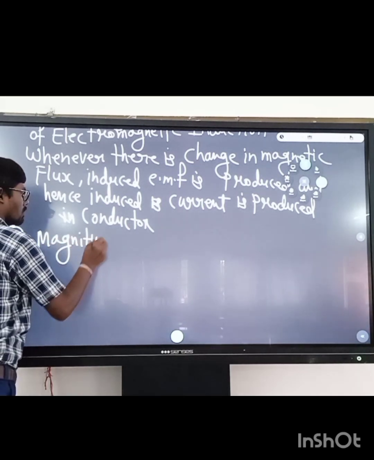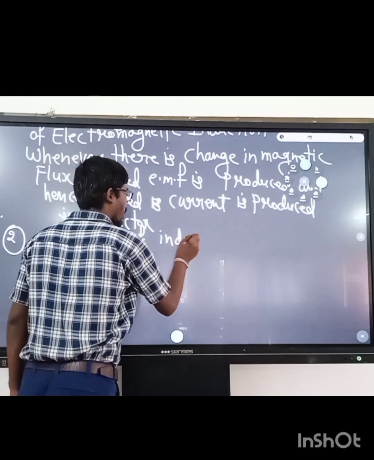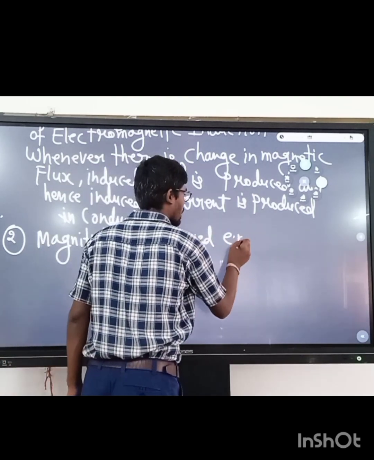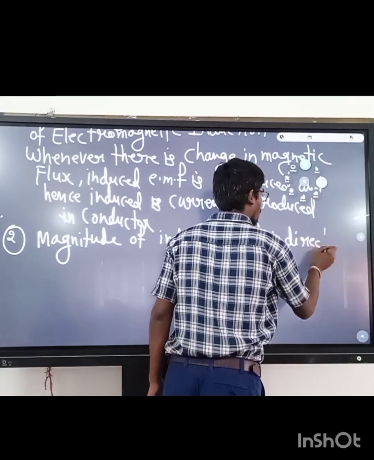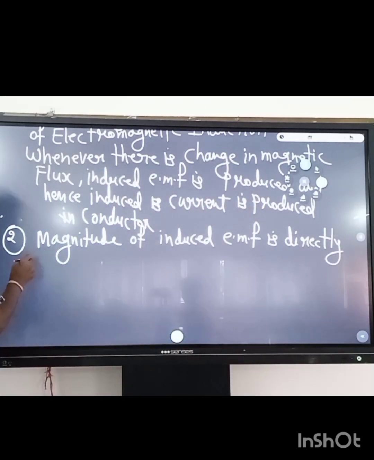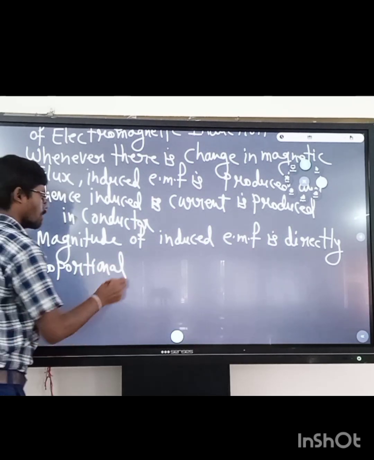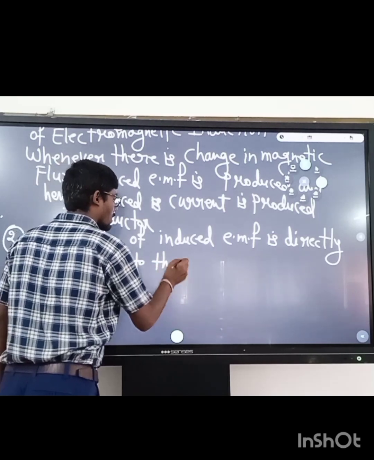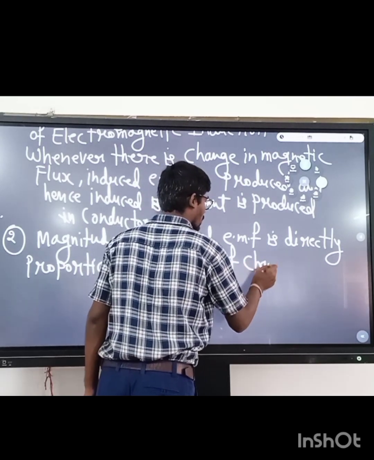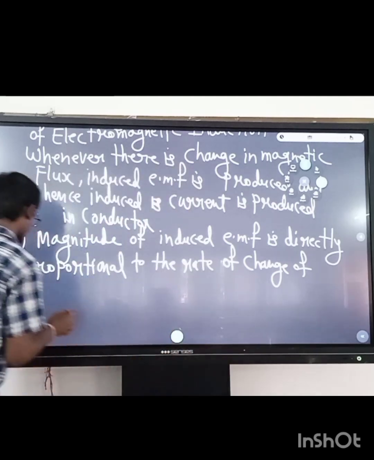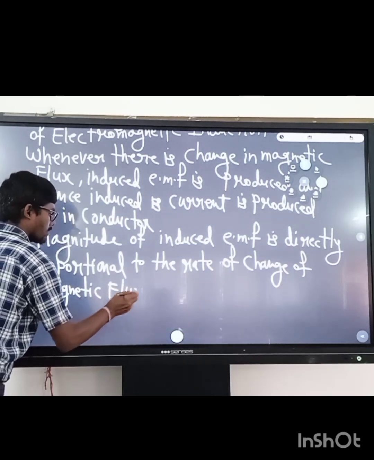The magnitude of induced EMF is directly proportional to the rate of change of magnetic flux.